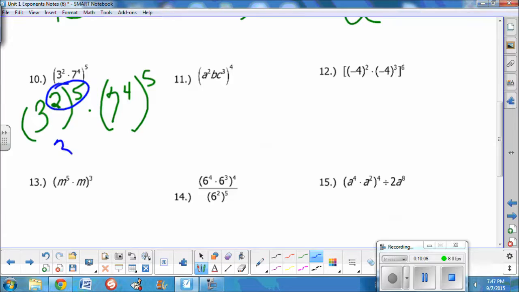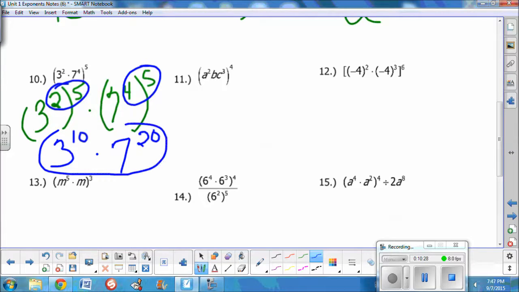So 3 to the 2nd to the 5th, multiply 2 times 5, 10, and now do the same thing with the 7. So your base now is 7 to the 4th to the 5th power. Multiply those. That's all we can do because 3 and 7 are not like bases. So we're done with that problem. We can't take it any further.